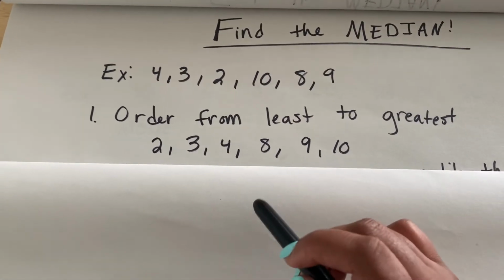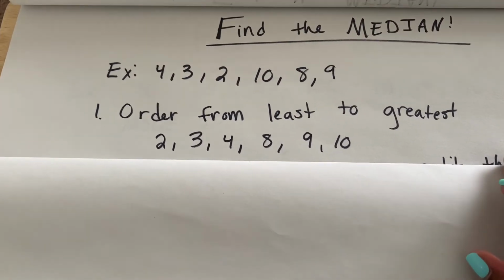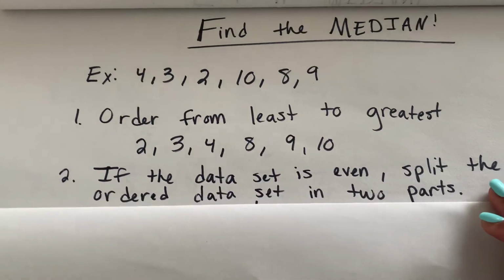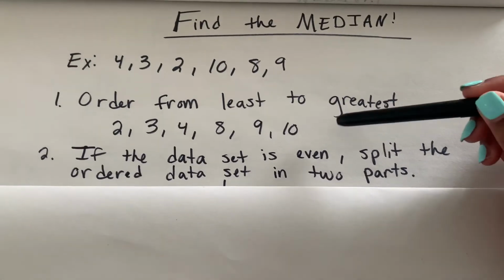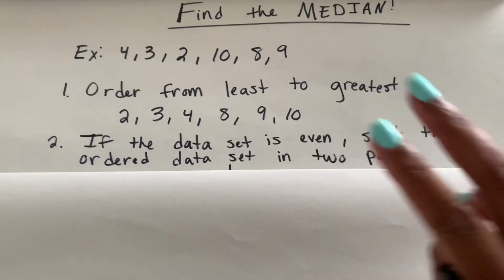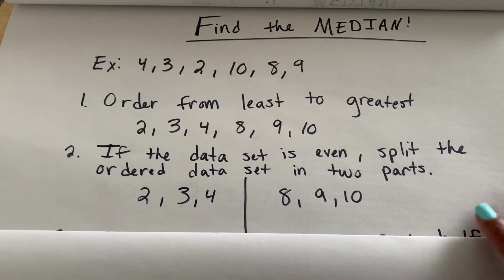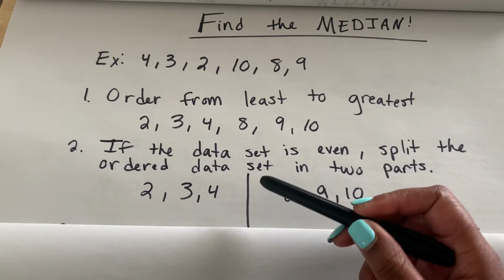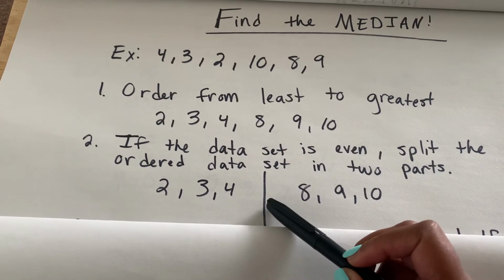So 2, 3, 4, 8, 9, 10. But what you want to do now, if your data set is even, is to split this ordered data set into 2 parts. Once you split it up evenly into 2 parts, your median is going to be where this line is.